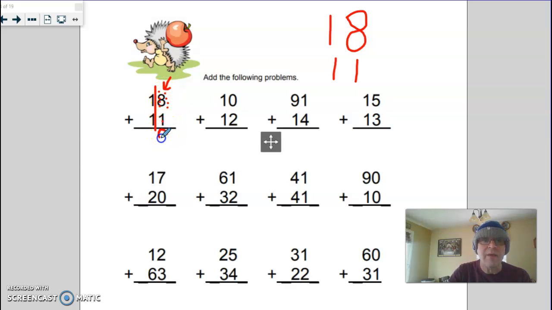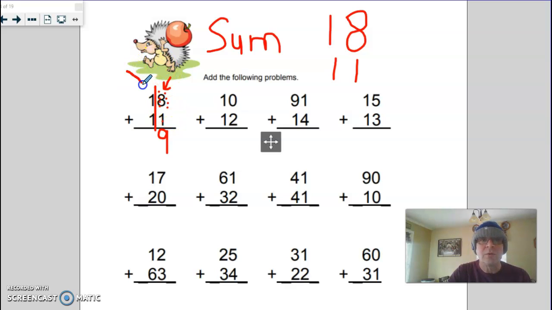Remember, the answer to an addition problem is called a sum. It's very difficult to write with this pen. So the sum of my ones column goes right below the ones.